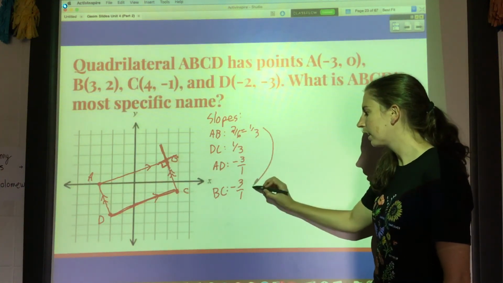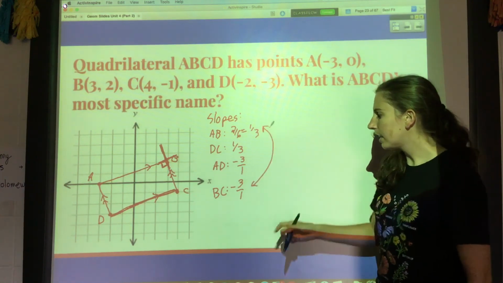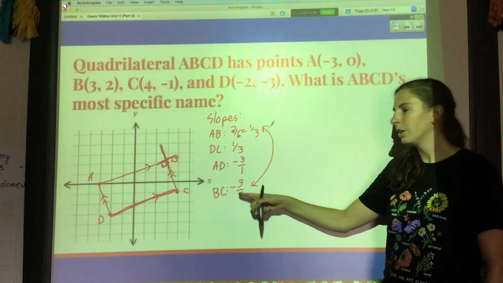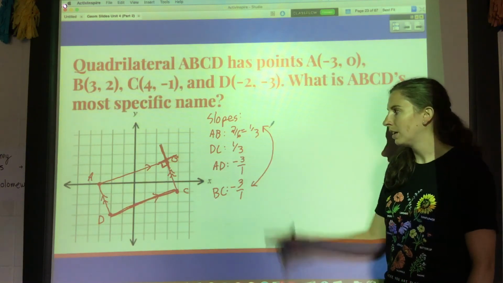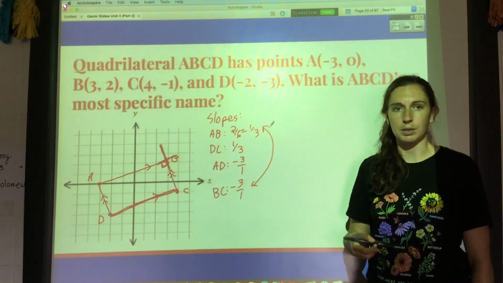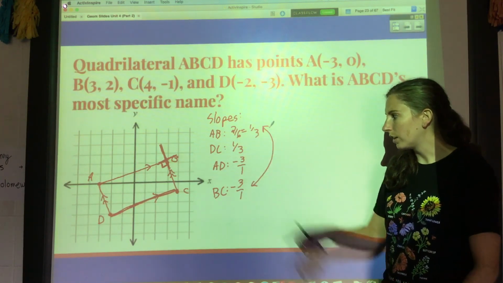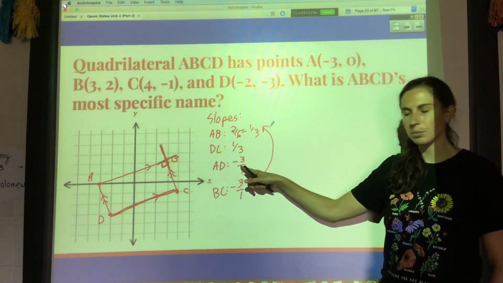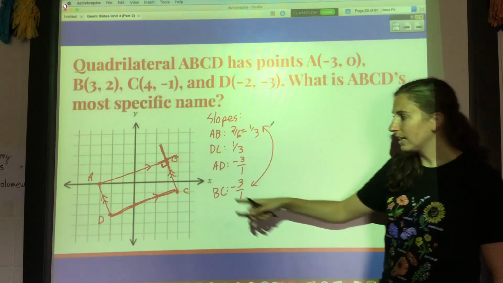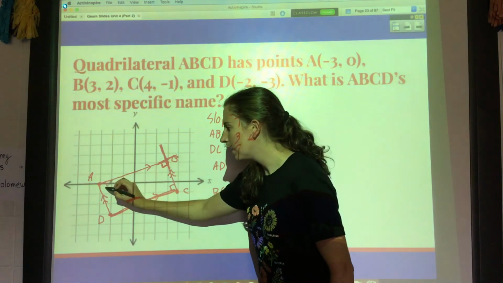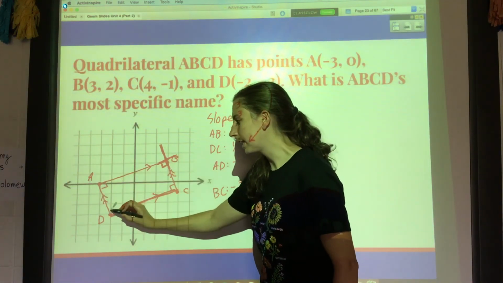Do you see how this one is positive 1/3 and this one's -3 over 1? Those slopes are opposite reciprocals. You flip it and make it negative. And so these two are opposite reciprocals, and so this is actually a rectangle. I've got 90-degree angles because I know all of these are perpendicular to each other.